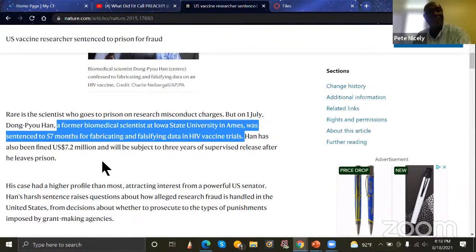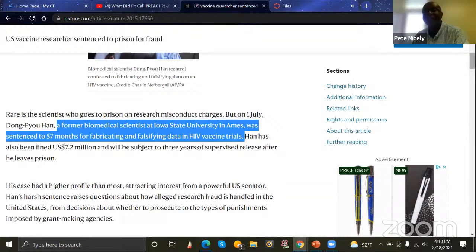Now, I will admit, of all the examples that I've seen in terms of people committing data fraud in science, this one was the first one I've ever read or heard about where somebody was actually criminally sanctioned, sentenced to prison for what he did.